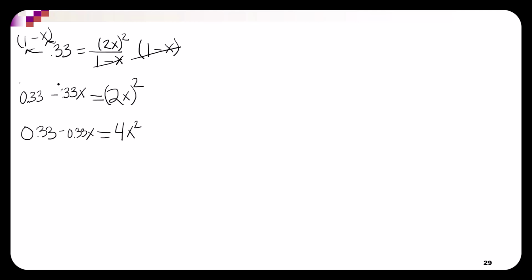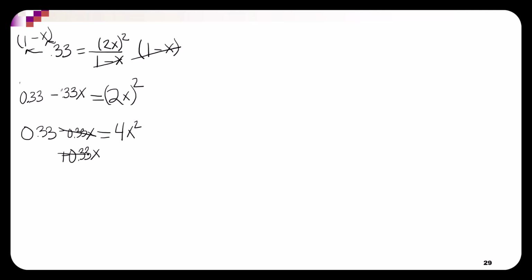So back to our work here, okay? I've got 4x squared on the left-hand side. I'm now going to move these 0.33s over. This is addition and subtraction, so I have to do the inverse to move it over. So to move this 0.33x, I'm going to take plus 0.33x.